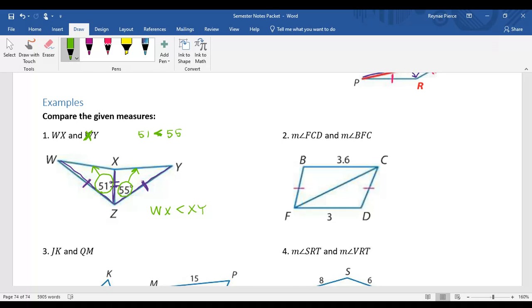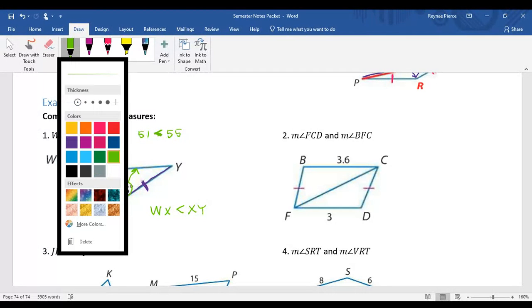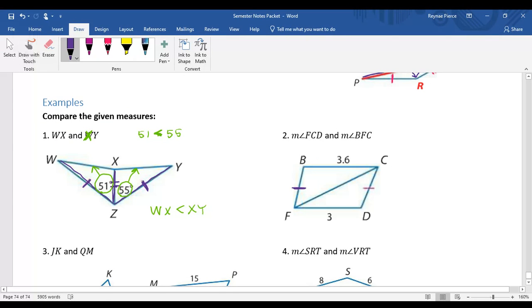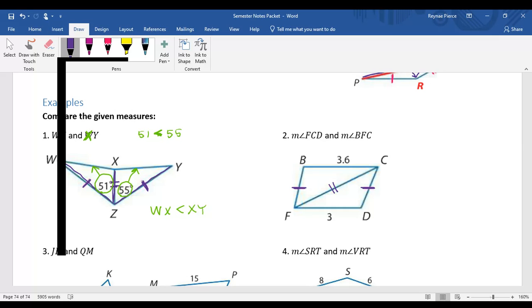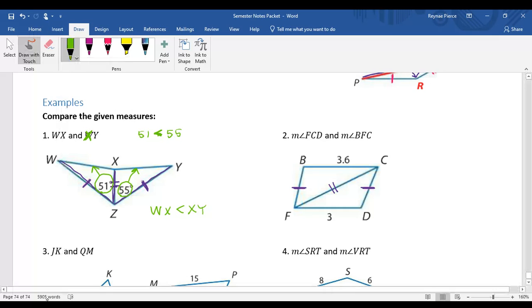Now, example 2, we've got FB congruent to CD, and then FC here, again reflexive property, and we are comparing the measure of angle FCD, this angle here, and BFC, this angle here.